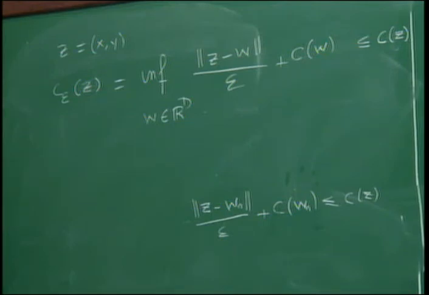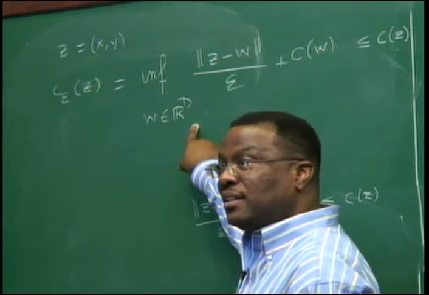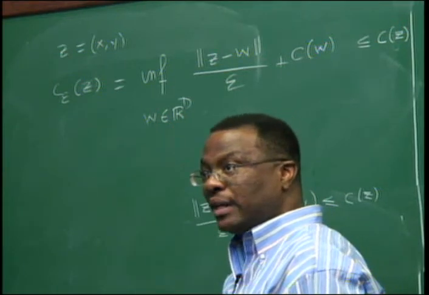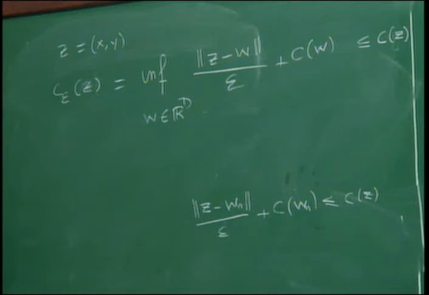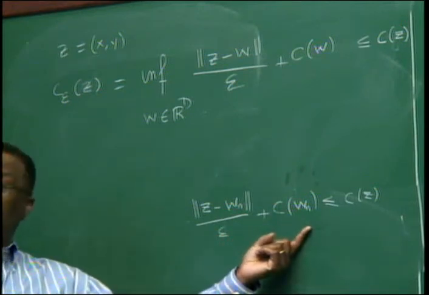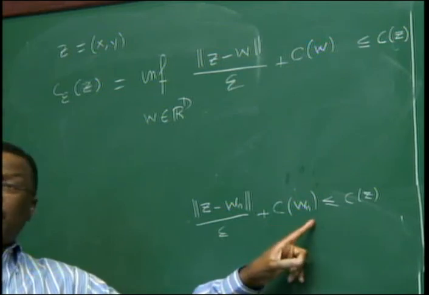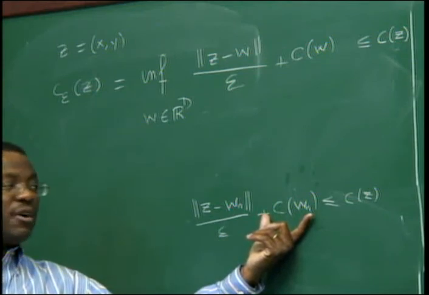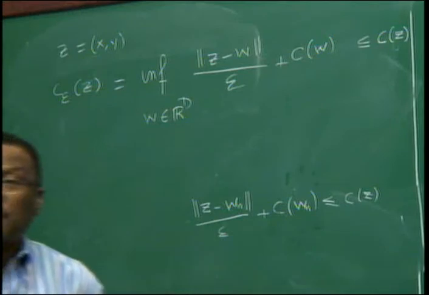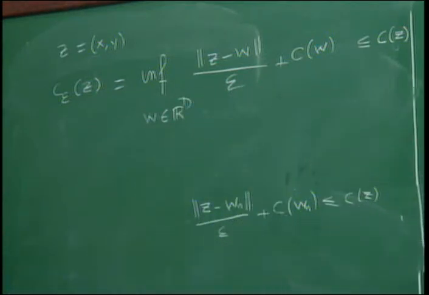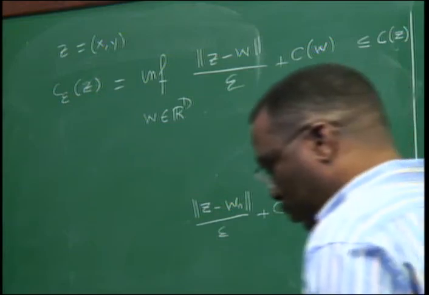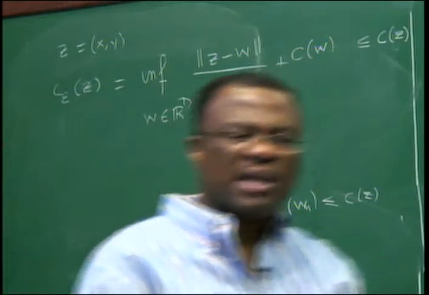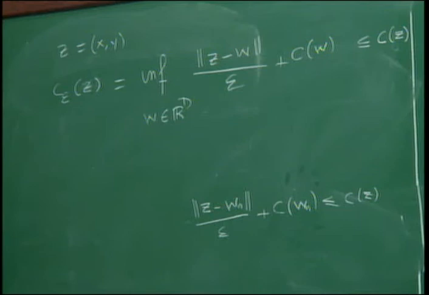Since we are on R^d, a bounded subset is pre-compact, so we can extract a convergent subsequence. If C is lower semi-continuous, with Wn converging to W, C of W will be less than or equal to the lim inf of C of Wn, and so you have a minimizer. So if C is lower semi-continuous, I claim that in this expression I have a minimizer, and this helps with some computations.